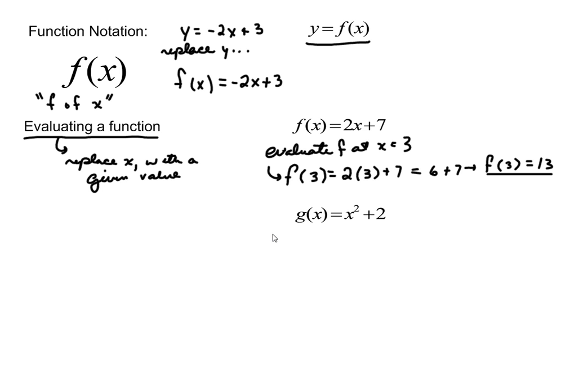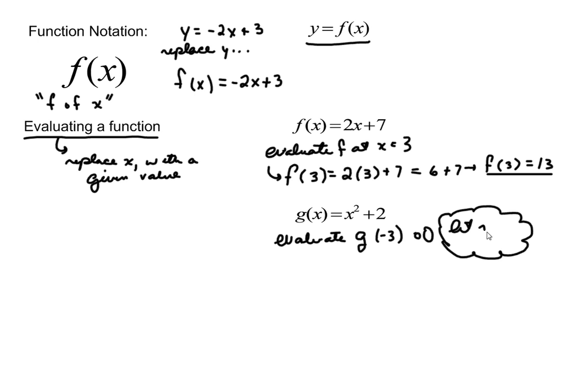Well, let's say we were told to evaluate g of negative 3. Again, that's a substitution. When we say evaluate g of negative 3, it's the same thing as saying evaluate g at x equals negative 3. So even though we're not writing it, we're still thinking, okay, let x equal negative 3, and let's work out what y value we would get.